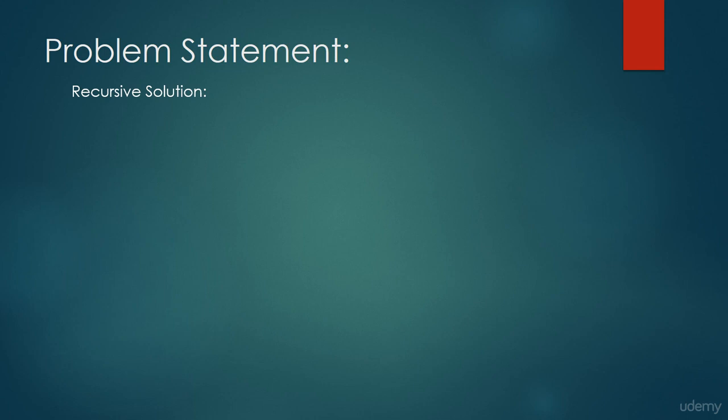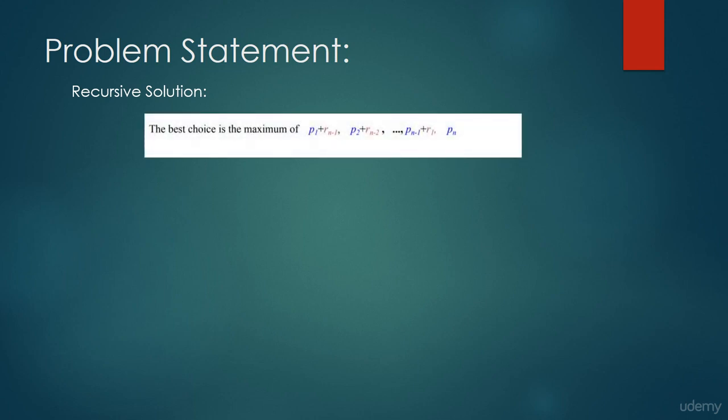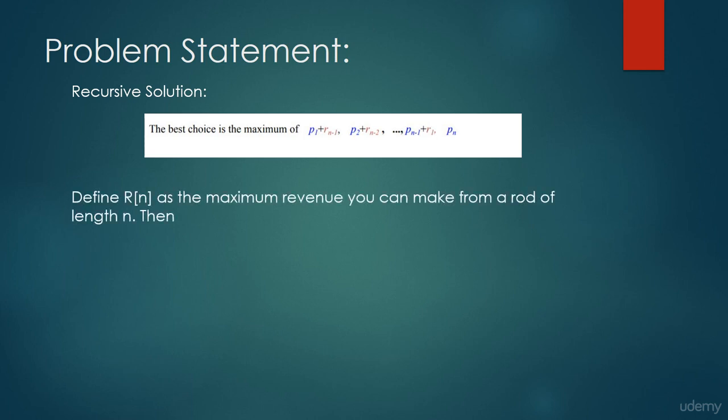To recap, we found that the recursive solution is Rn equal to the maximum of P1 plus Rn-1, all the way to Pn-1 plus R1, or Pn. So we're defining Rn as the maximum revenue you can make from a rod of length n.